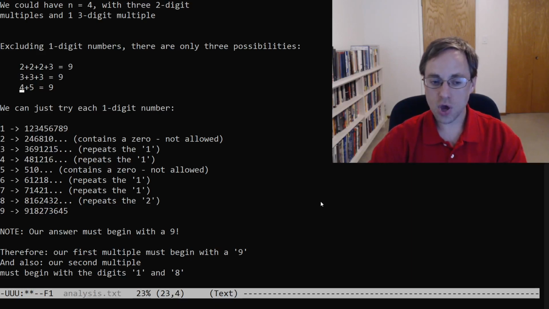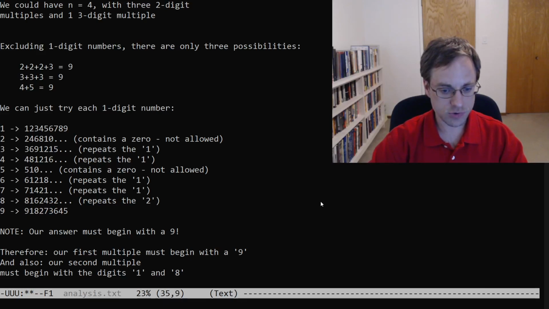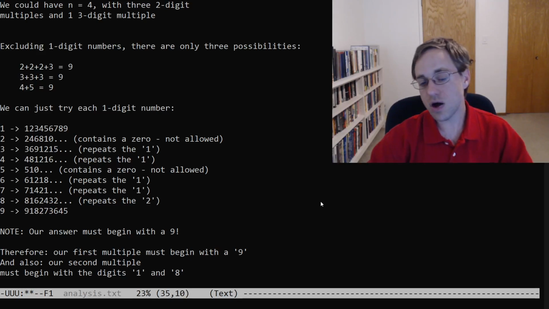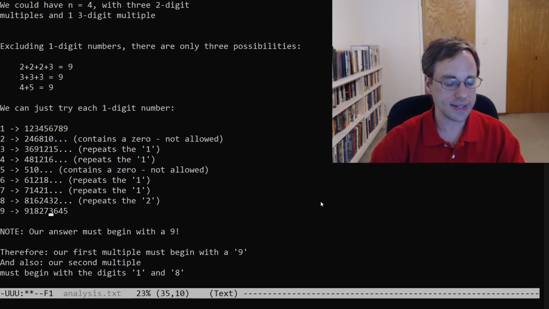Now, at this point, we don't know that there are any other solutions. It could be that this solution given down here, 918273645, is our solution. But this was given in the problem statement, so it seems a little bit unlikely that that would be our answer.